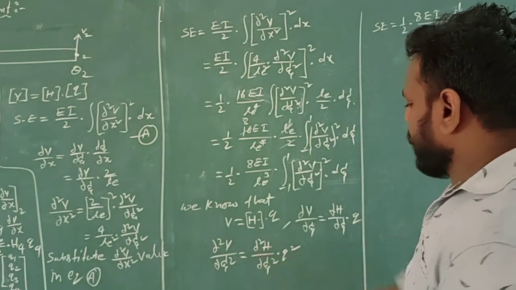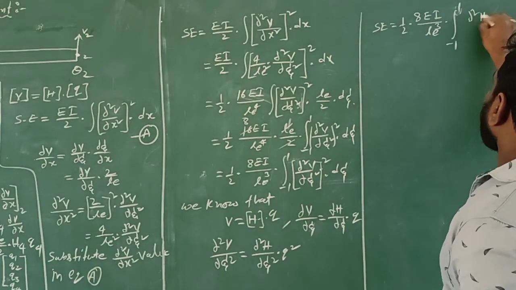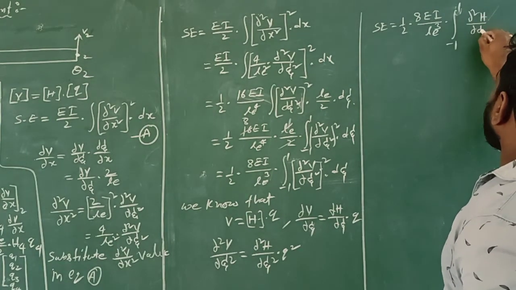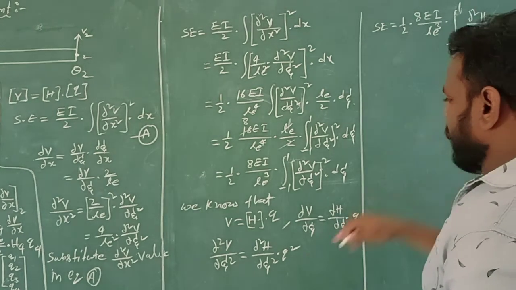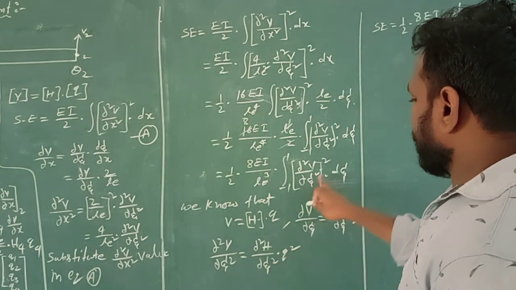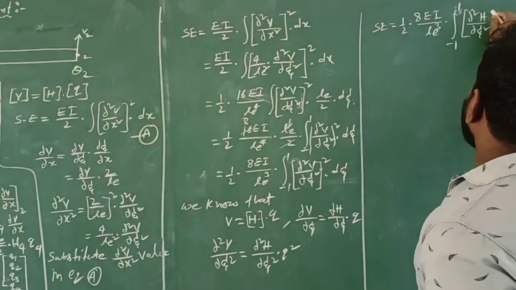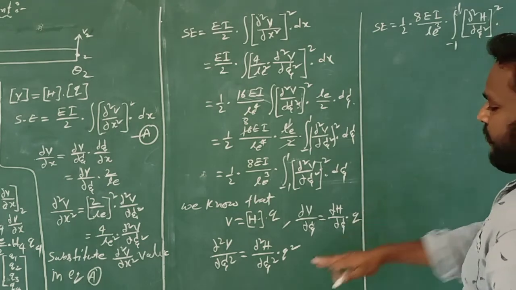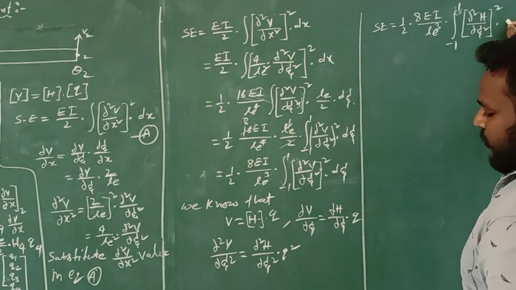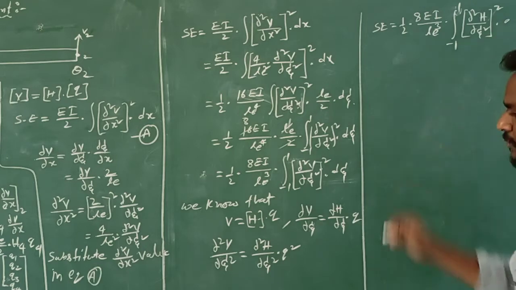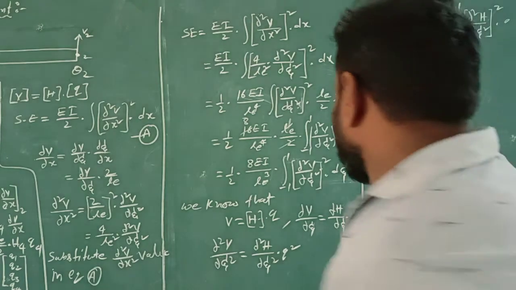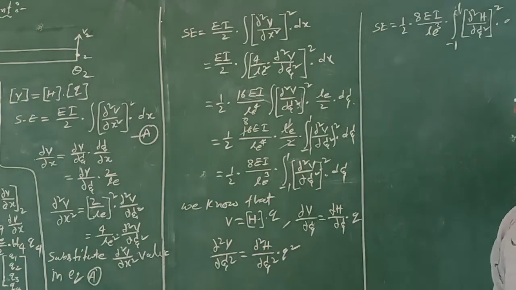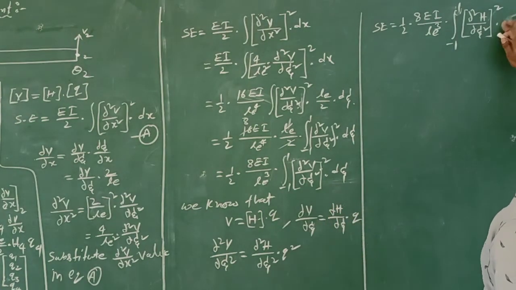So substitute ∂²H/∂ξ² whole square into q square into dξ.